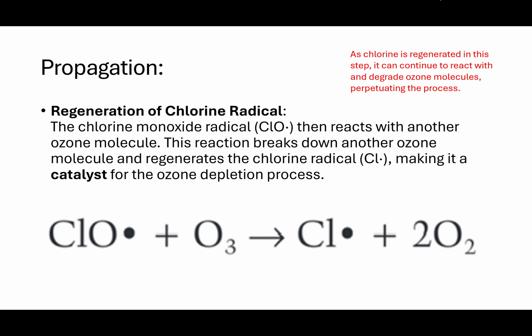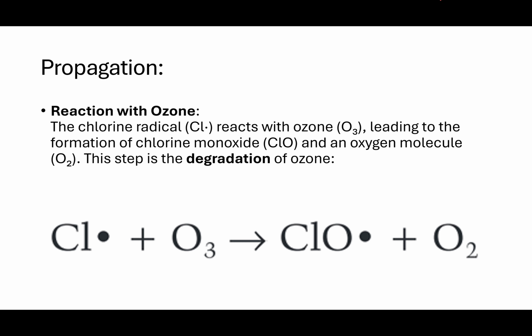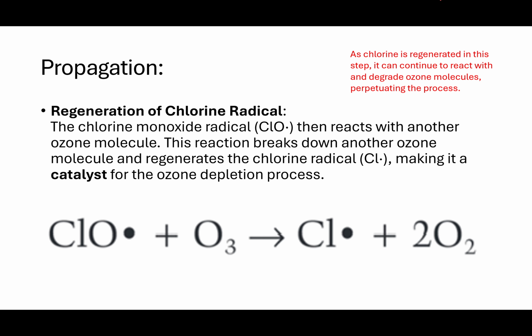Beautiful. So the chlorine radical is a catalyst in the depletion of ozone, and we must see that. In the first propagation step, the chlorine radical reacts with ozone to create the chlorine monoxide radical and oxygen molecules. Now the chlorine monoxide radical reacts with another molecule of ozone to produce another chlorine radical, which is unchanged, and we end up with 2 moles of oxygen gas.